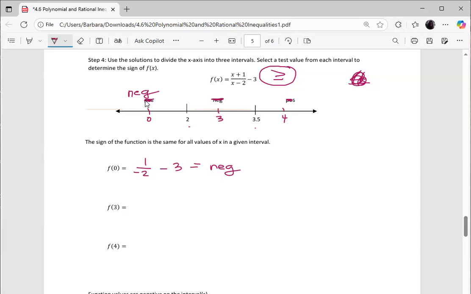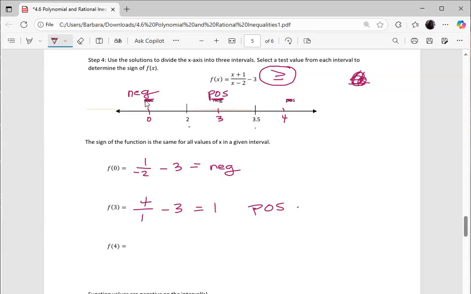We're going to test point f of 3 in my equation. So we have 3 plus 1 is 4 over 3 minus 2, which is 1. 4 minus 3 is equal to 1. So that's positive. And then the last one is 4.